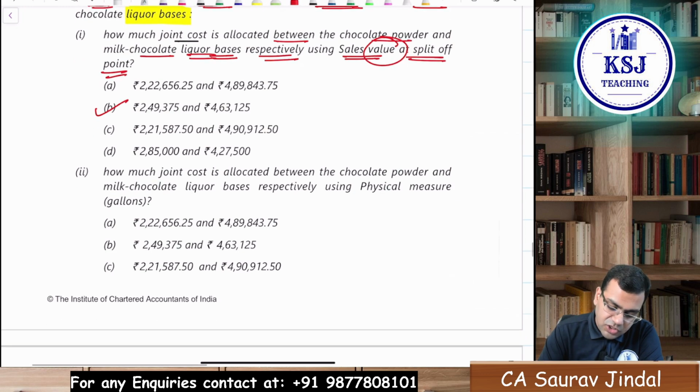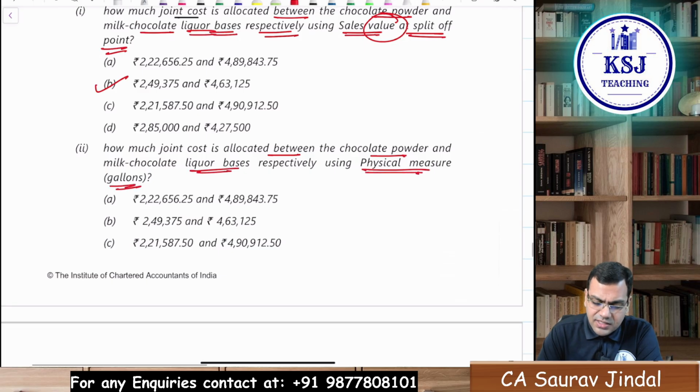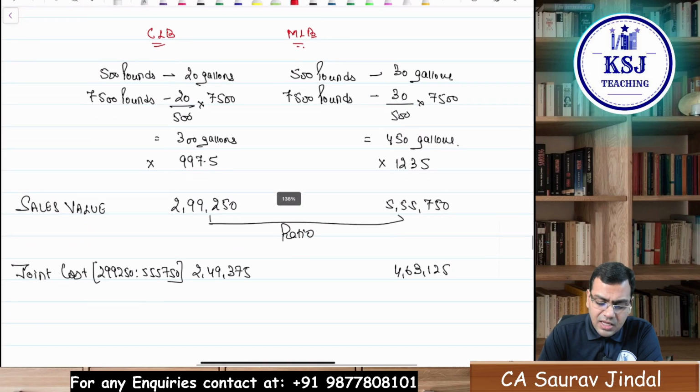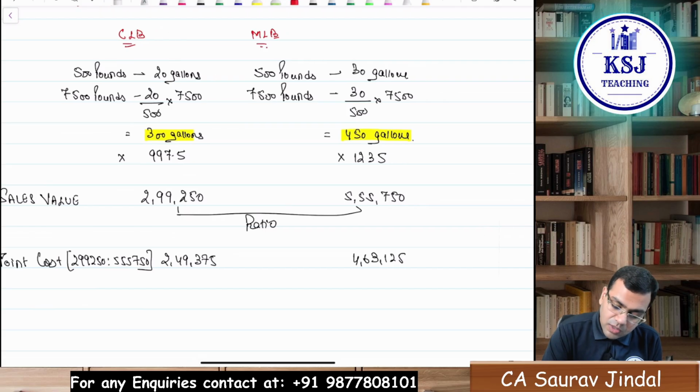Next one is how much of the joint cost is allocated between the chocolate powder and the milk chocolate liquor bases using the physical measure, gallons. What is the physical measure? How many units or how many gallons you have produced? That is the physical units. So the physical units here are 300 gallons and 450 gallons that we have actually manufactured, right?